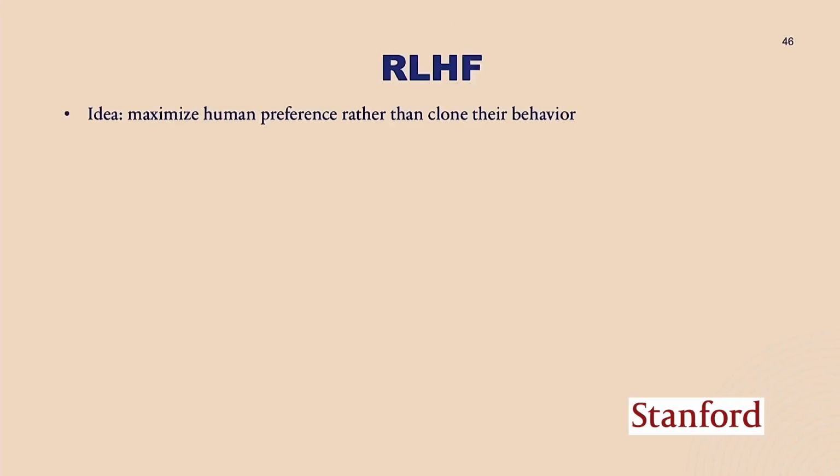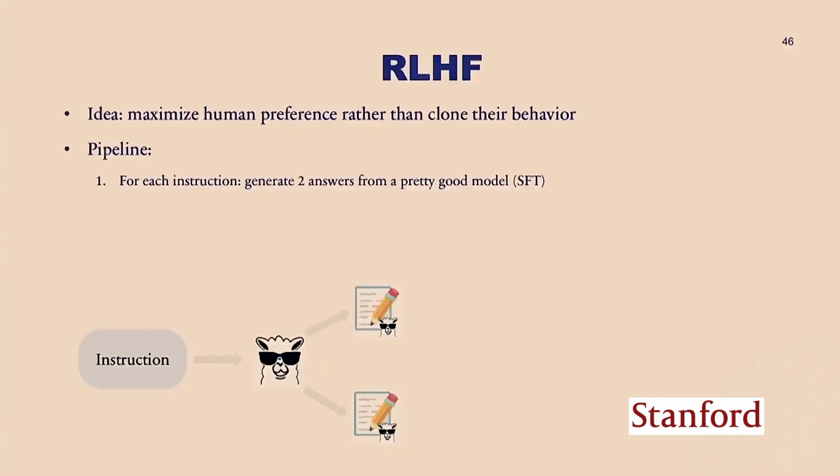The idea is that instead of cloning the behaviors of humans, we're going to maximize human preference. And the way we're going to do that, the pipeline, is that for every instruction, you're going to ask a model to generate 2 answers. And usually you use a pretty good model, so you usually don't use a raw LLM here, you use an already fine-tuned LLM to give pretty good answers.